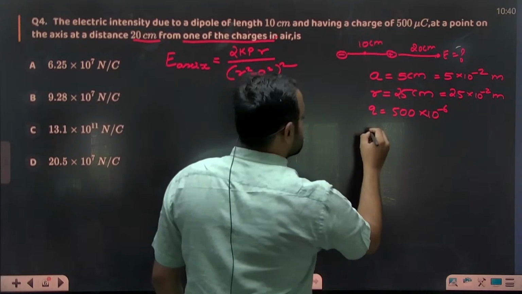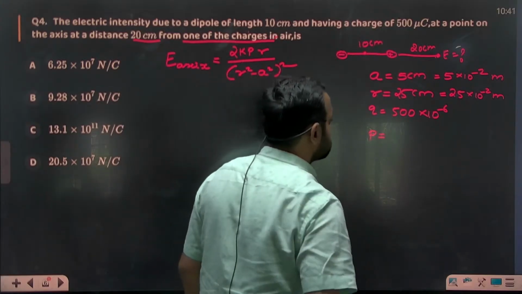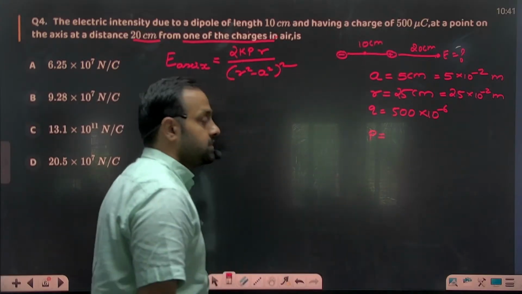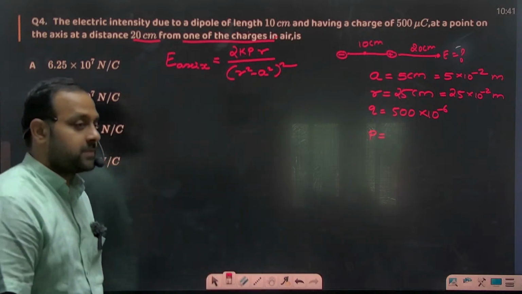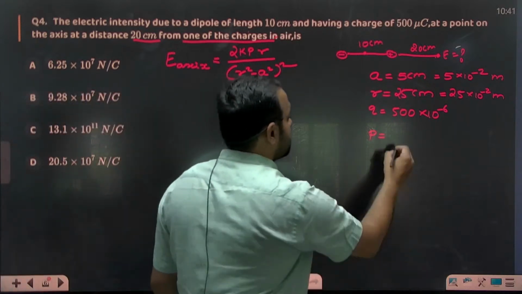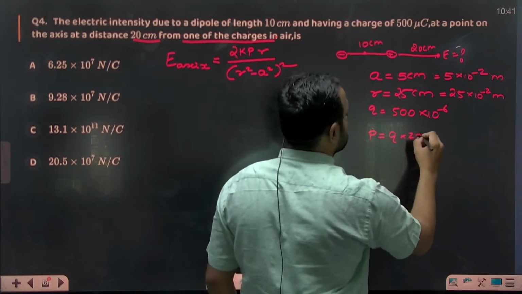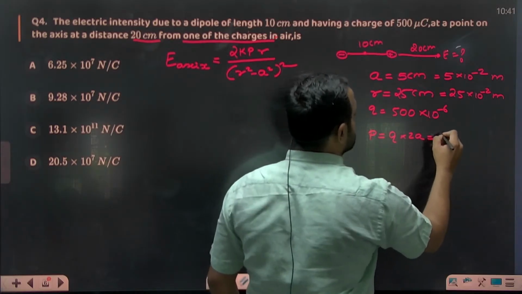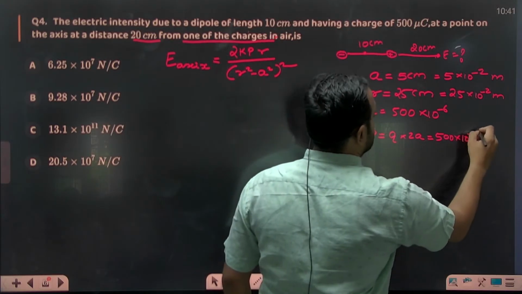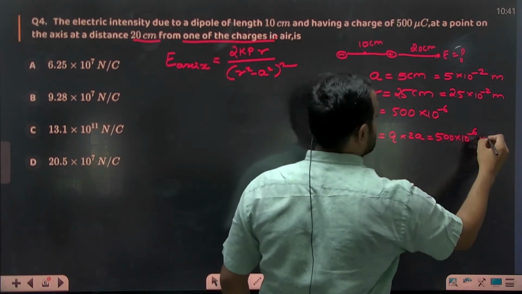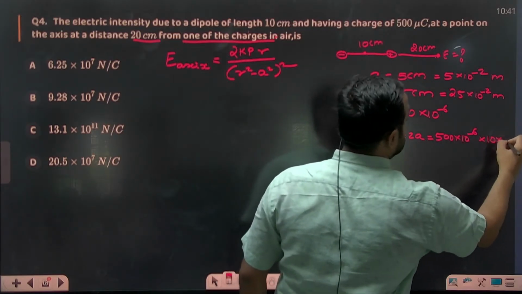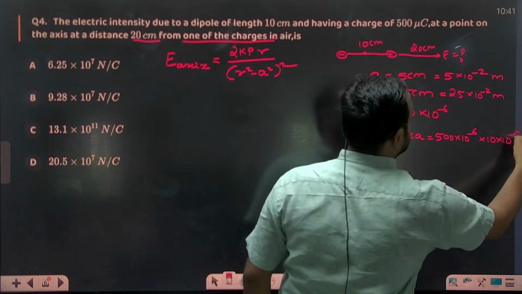So what will be the value of dipole moment P? Q into 2A, which is 500 into 10 power minus 6 multiplied by 2A, that is 10 into 10 power minus 2.